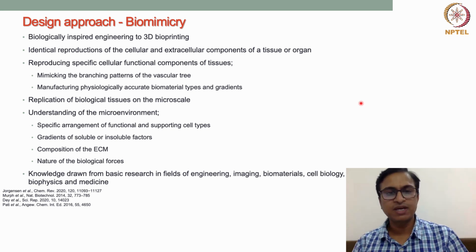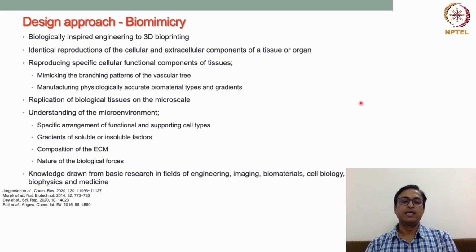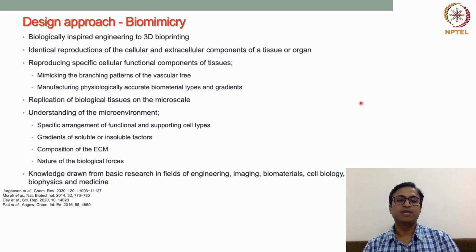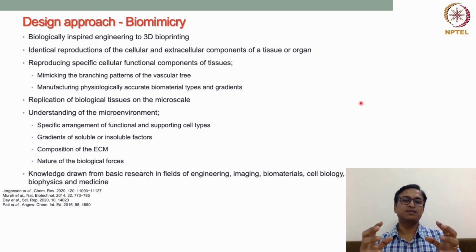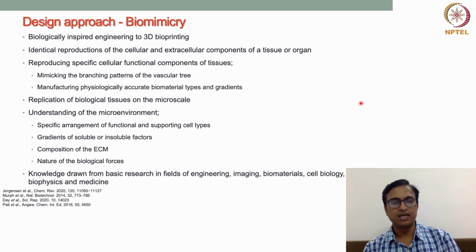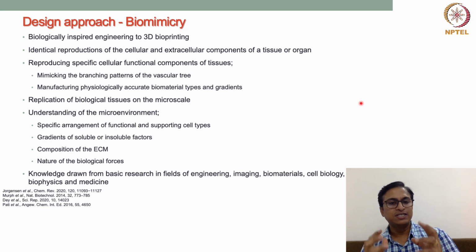And the replication of the biological tissue on the micro scale. In the last lecture I also discussed this: biological tissues are present as macro tissue. If you see the whole tissue, that will be on the macro scale. But if we try to understand the structural details of the tissue, then we have to go to the micro scale.